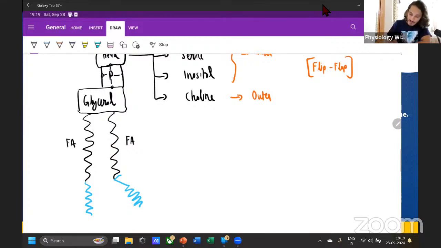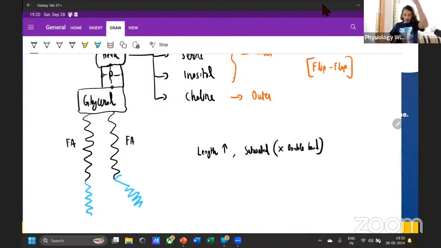If the length is increasing, and there are no double bonds, that is, it is saturated, or fewer double bonds, then it will be a long chain without any kinking. So there is a higher chance for interaction between these tails.